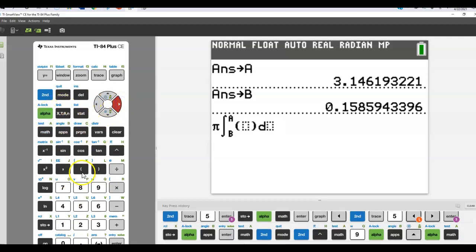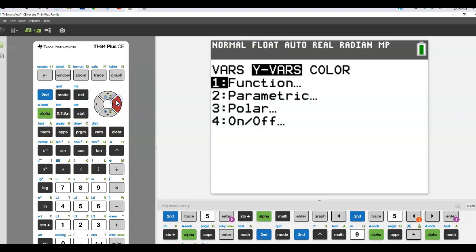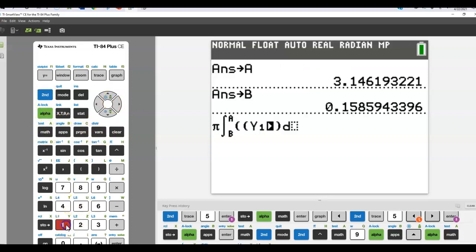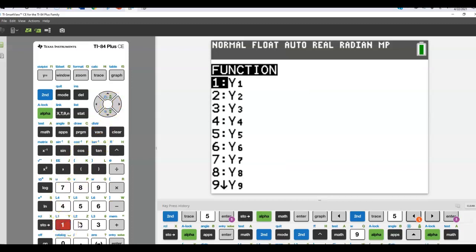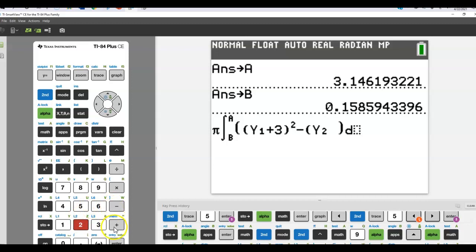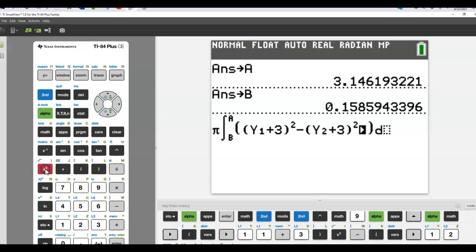And then we're going to do one set of parentheses with y1 first, minus a negative 3, but I'm just going to put plus 3 because when you subtract a negative, it's like plusing. And that's the axis. We square it, minus the little radius, so that's going to be the same thing. We just type it with a y2 instead. And of course, we need to put our dx there at the end and enter, and that'll give us the volume of that shape.